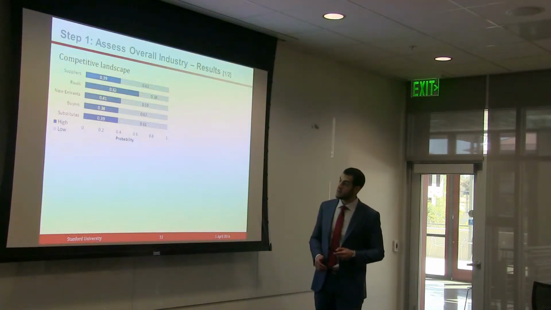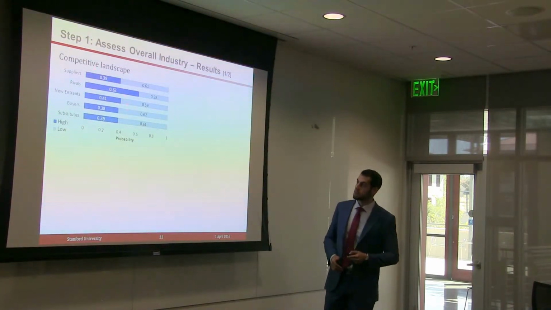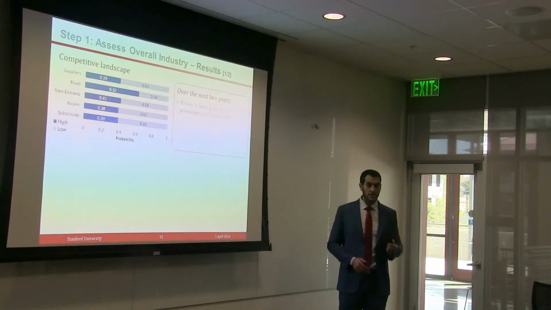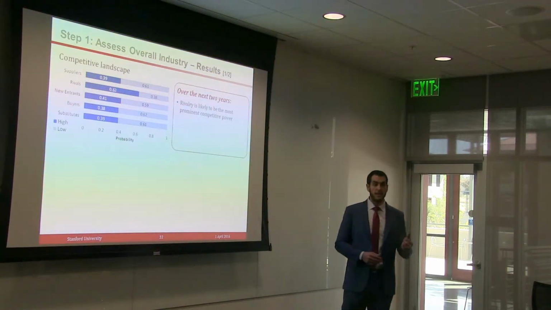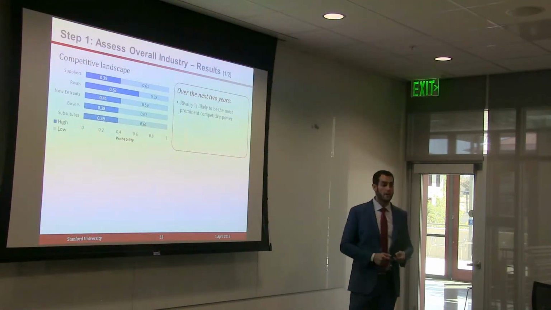I see the 5 competitive forces and, on the x-axis, the probability for each of them to be high or low. You notice that most of the forces are moderate, with a probability of high being about 0.4, except for rivals, which have a probability of high of 0.6. So I can immediately conclude that over the next 2 years, rivalry is expected to be the most prominent competitive power.